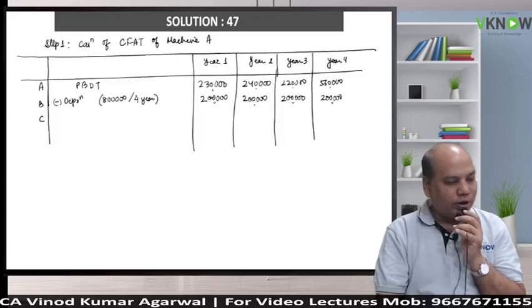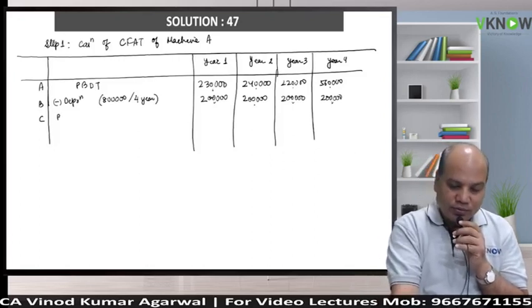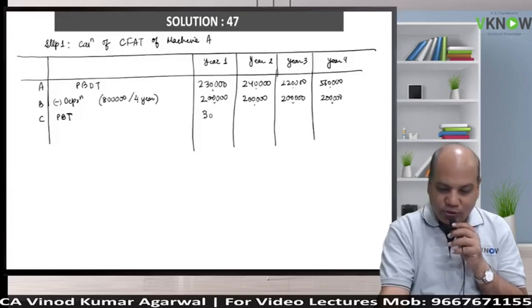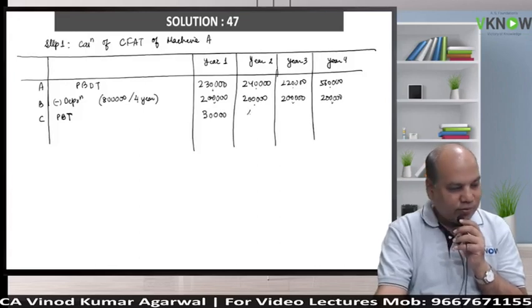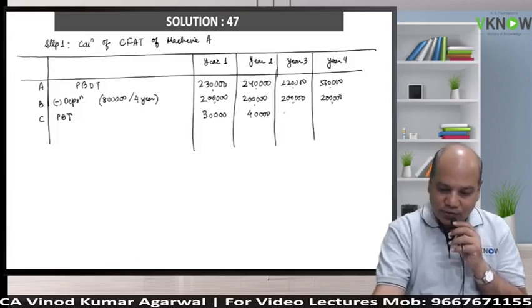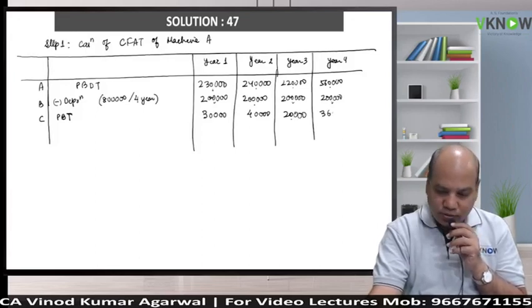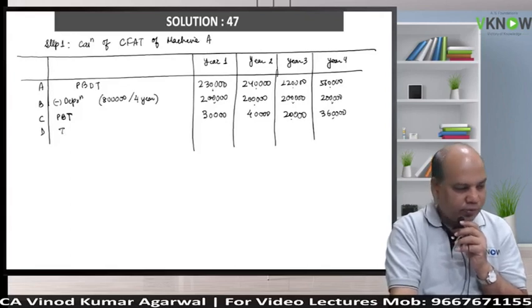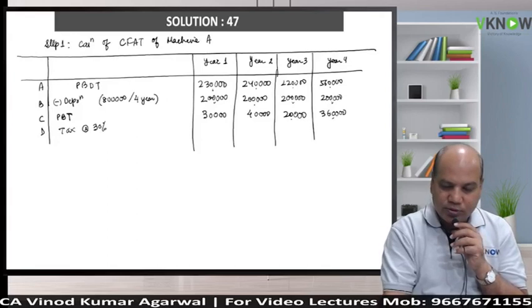So next point, write down PBT. PBT, A minus B. Anybody wants to reply? 30,000, 40,000, 20,000, 3,60,000. Point number D, tax at the rate of 30%.